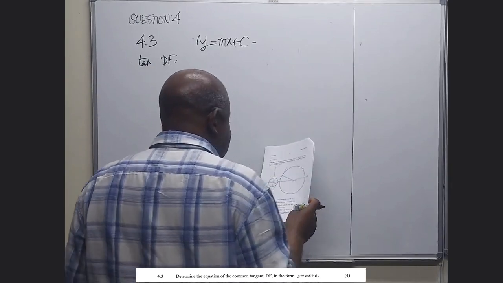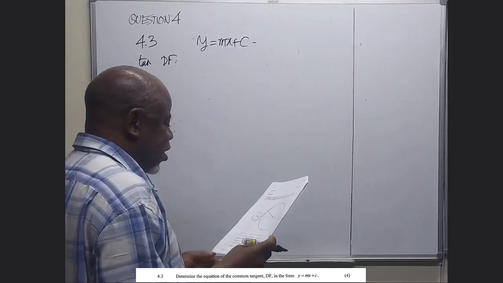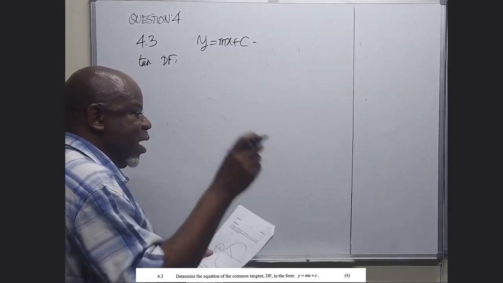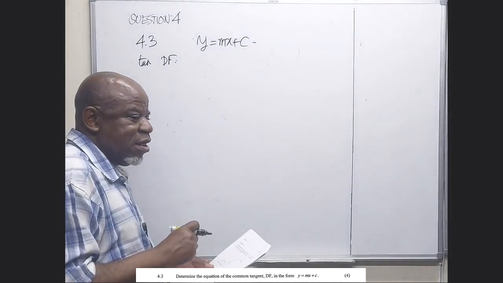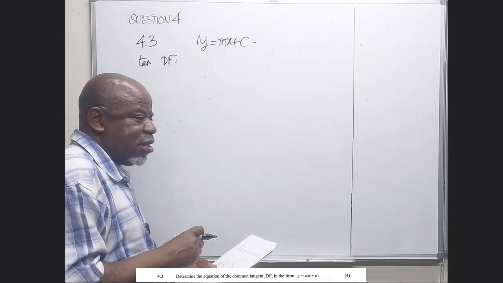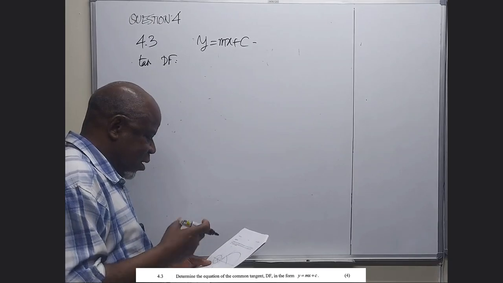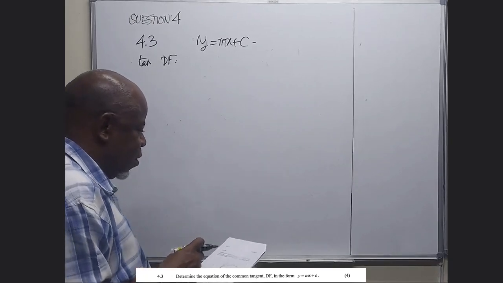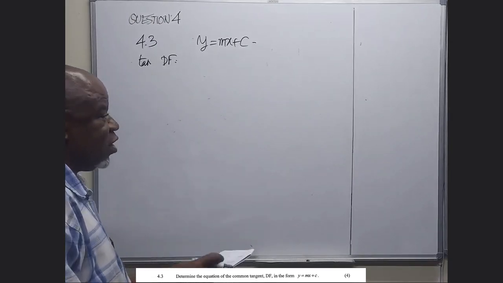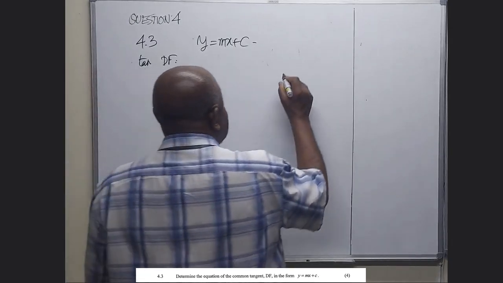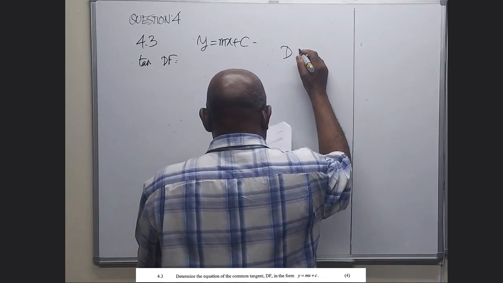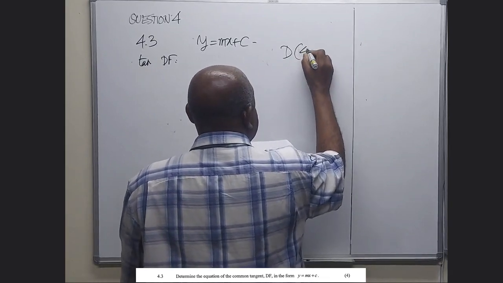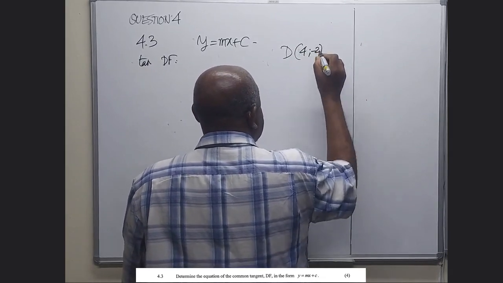When you are having a circle centered at the origin, any point on the circle gives you the opportunity to write the equation of the tangent. So let's consider the coordinate of point D on the smaller circle is (4, -2).